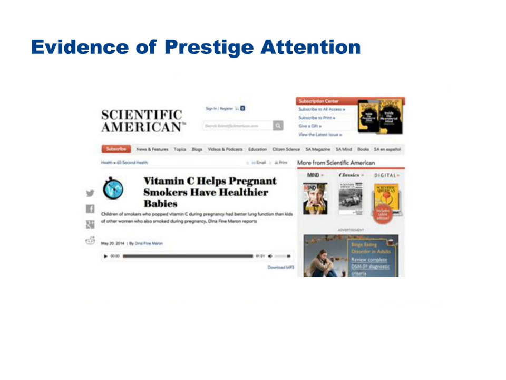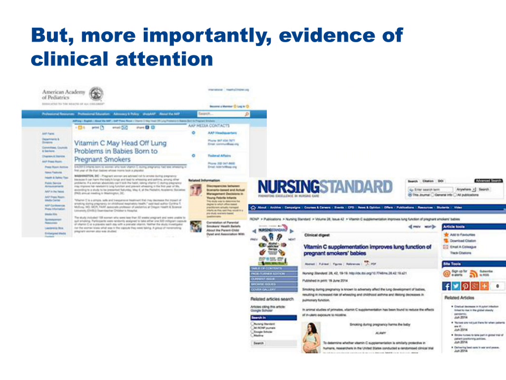So here are some examples of specific attention that we're seeing on this particular study. We're seeing some evidence of prestige attention. I've chosen one example here from Scientific American that covered this study. But even more importantly, what we're starting to see is clinical attention to this particular study. It was covered by the American Academy of Pediatrics and also Nursing Standard.